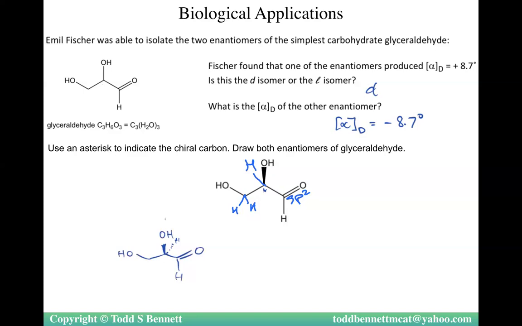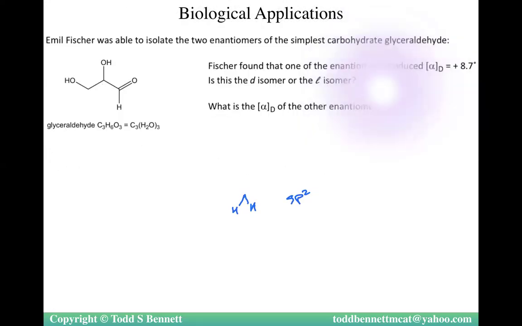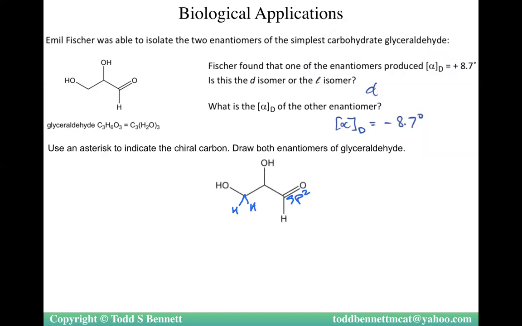If the OH is in front, that would mean the H would have to be in the back. And so that would be this structure. Or if the OH was in back, that didn't come out quite as I'd hoped, so I apologize for that.